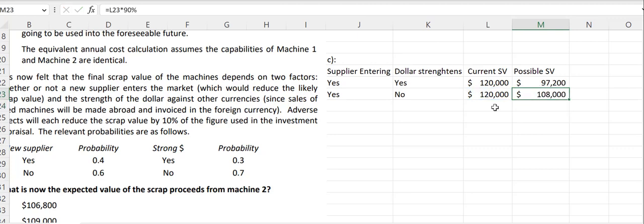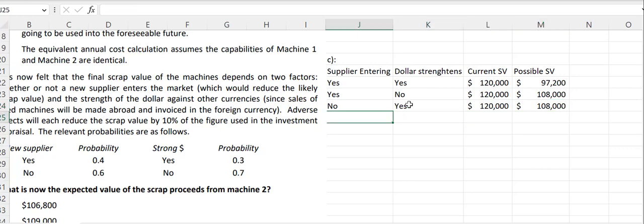So one of the possible scrap values will be 108,000. Then we might assume that no new supplier is entering the market, but the dollar is getting strengthened. Again, we have a 120,000 scrap value, and again only one condition is becoming true, so we'll just multiply it by 90% once. This is another possible scrap value that we may be getting.